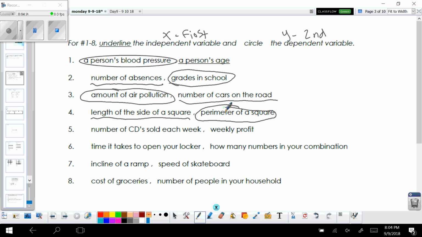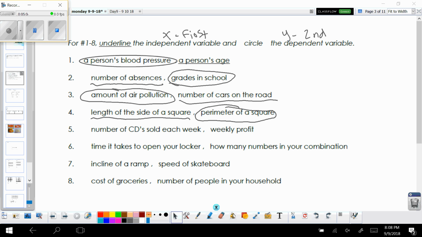So I'm giving y'all some time to do number 5, number 6, number 7, and number 8. Okay, if you're not finished, that's fine.